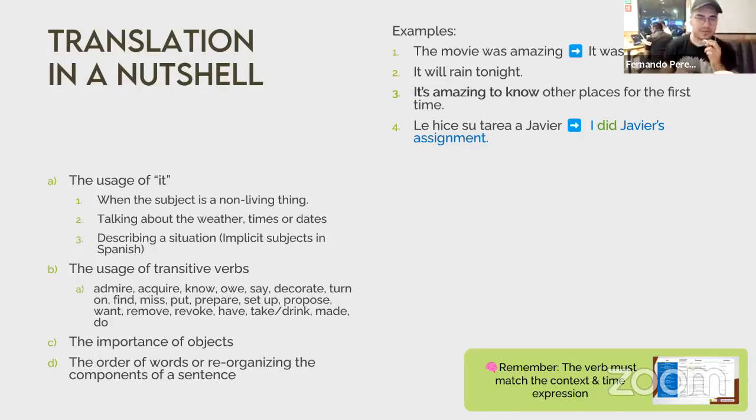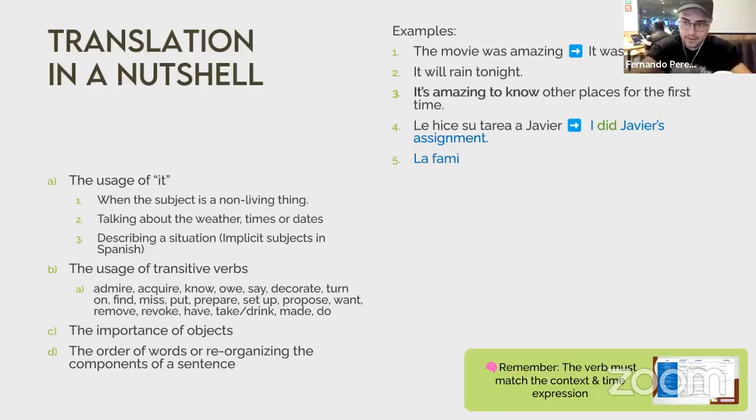For homework, you are going to translate the following sentence. Do you have any questions?